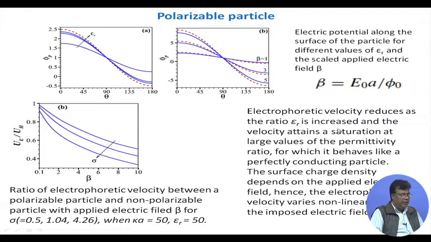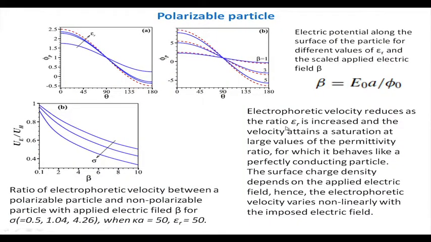Now, there are physical mechanisms for this reduction, because as the surface becomes polarizable, the surface conduction effect becomes significant. So, the surface conduction effect reduces the electrophoretic velocity.